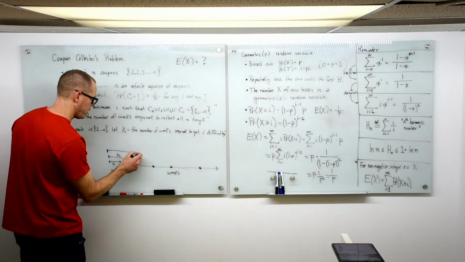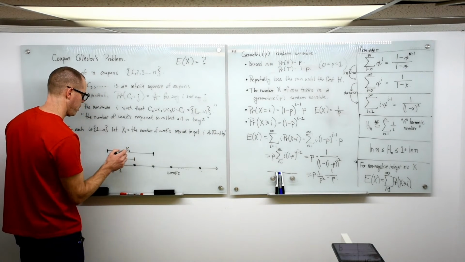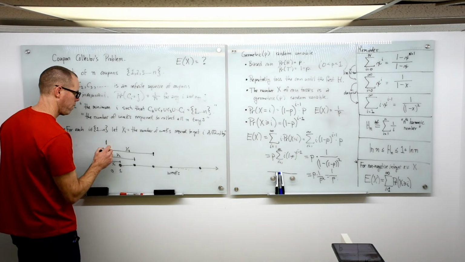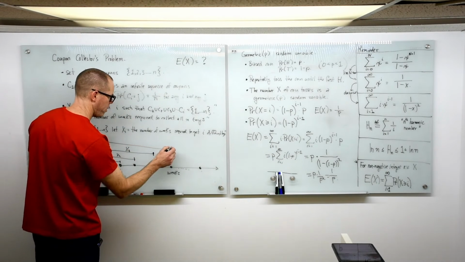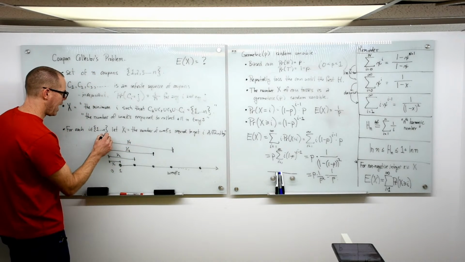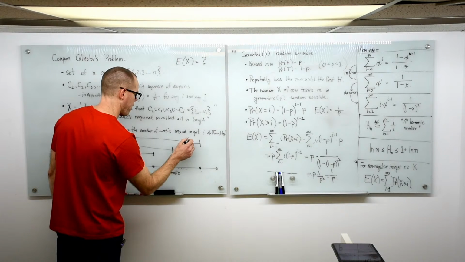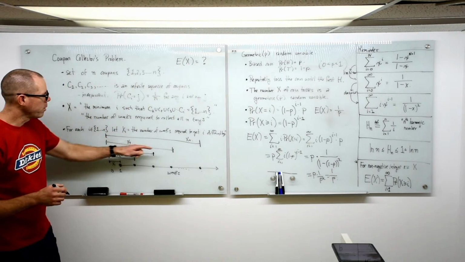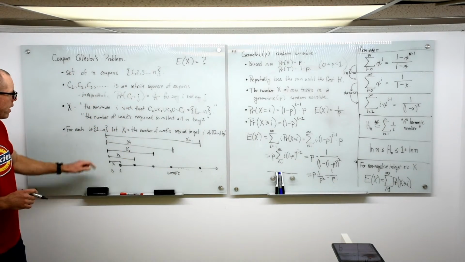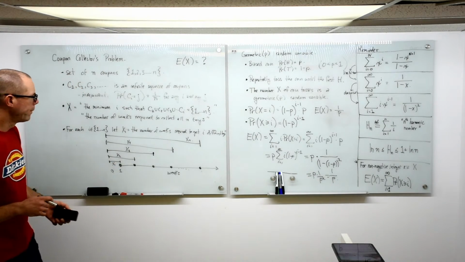And then this one is x3, x4, and finally the last one, the one that I'm really interested in, is xn. How many weeks did it take me until I got the final toy? Okay. Good.